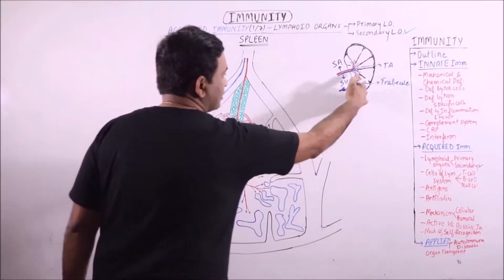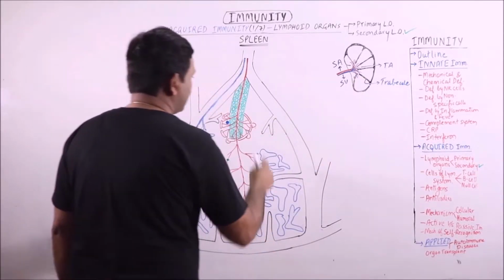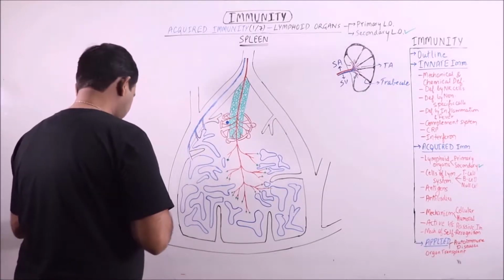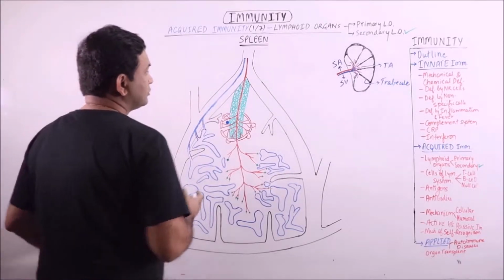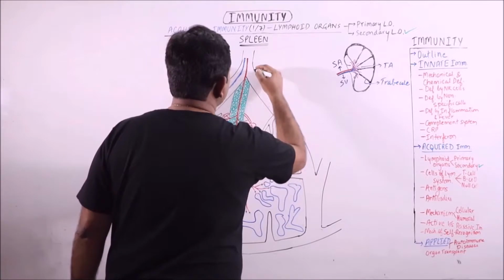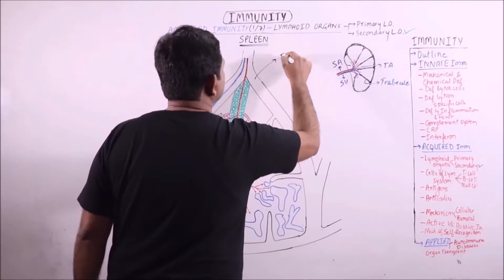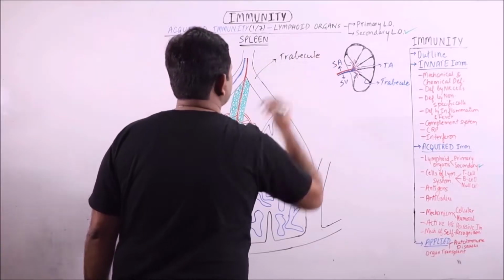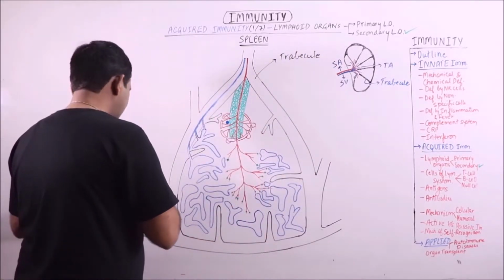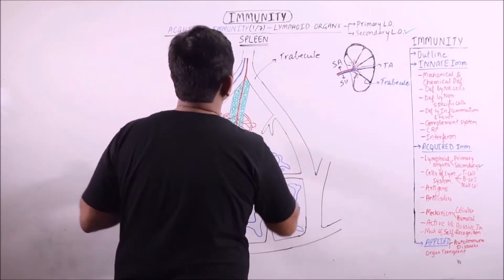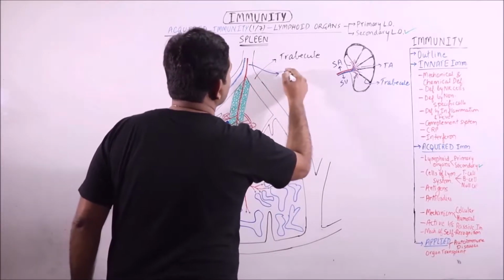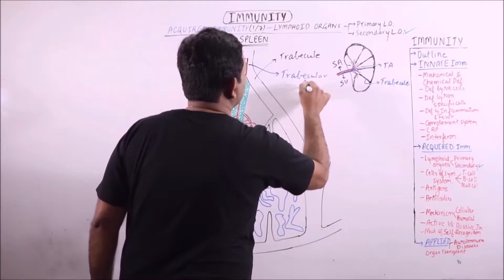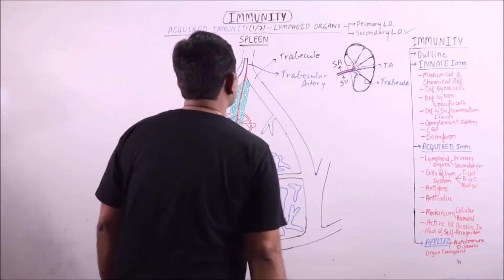Now we are taking a compartment having boundaries of trabeculae here. In this compartment, this partition is the trabecula, and this is the trabecular artery.